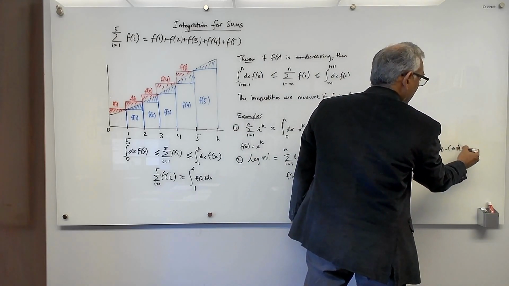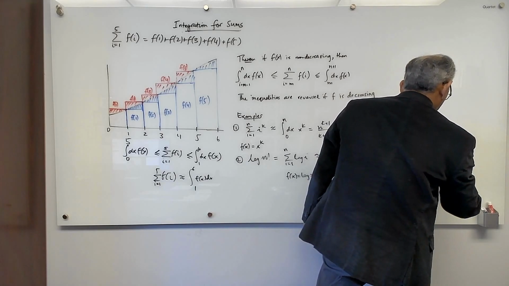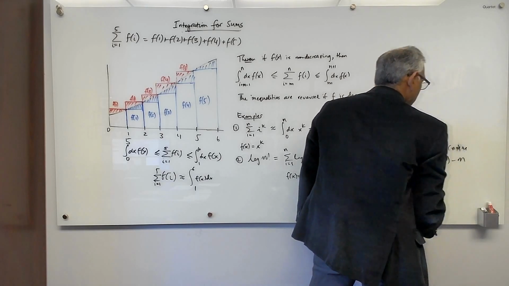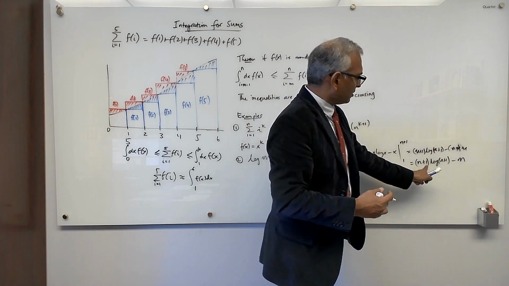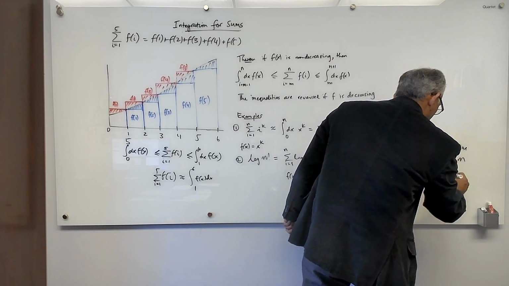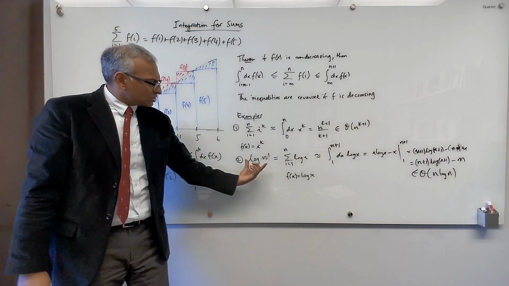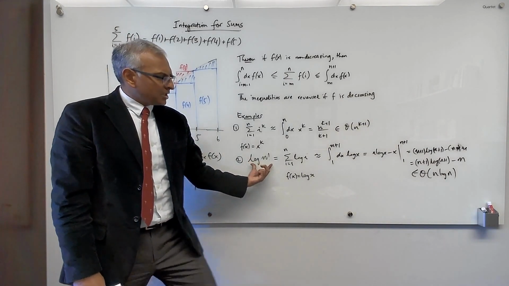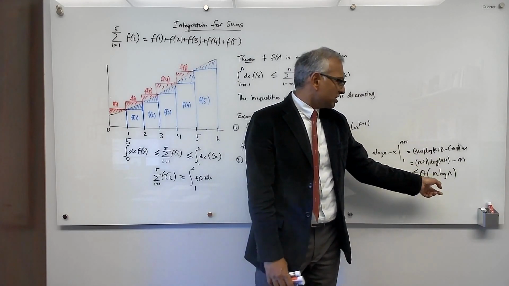These ones cancel. So this is equal to (n plus 1) log (n plus 1) minus n. The highest order term is (n plus 1) log (n plus 1), and if you work this out, this is in theta of n log n. That's very nice. So if you have algorithms whose running time is the logarithm of n factorial, then that's essentially in the set of functions which are n log n.